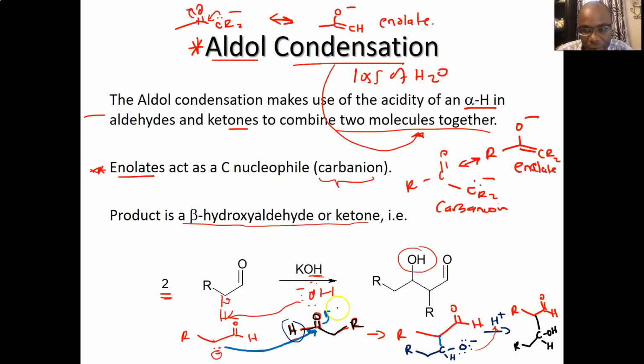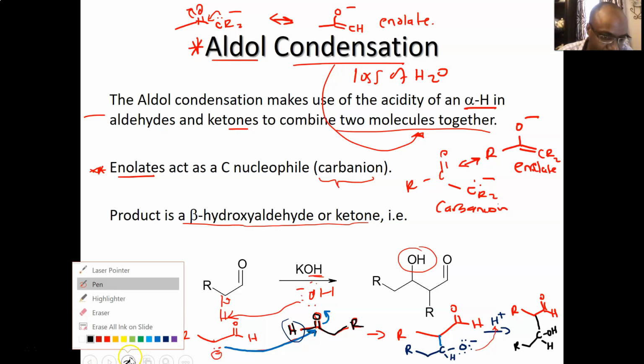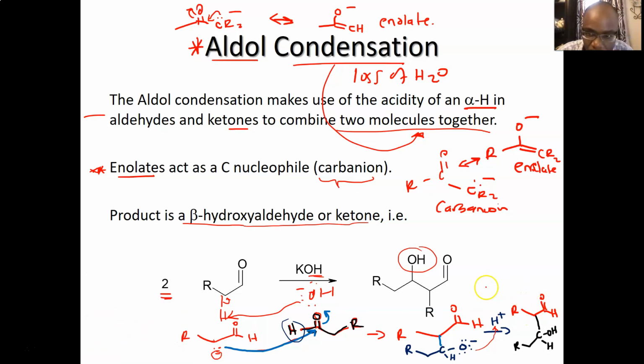Now let me show you why this product is the same as this product. This part here with the OH is this black part here. The blue bond here is this blue bond here, the one that we used to click the two molecules together.